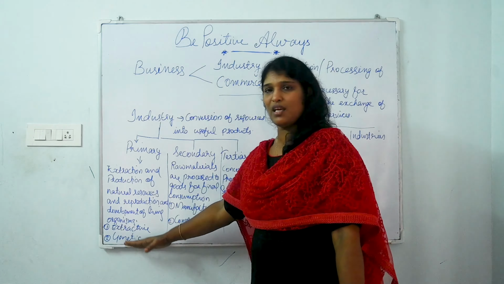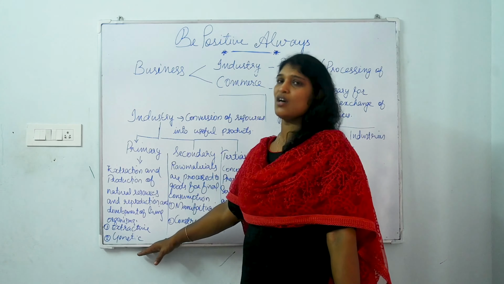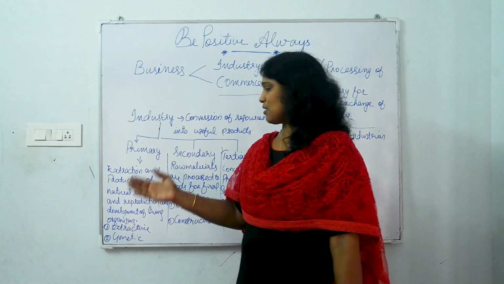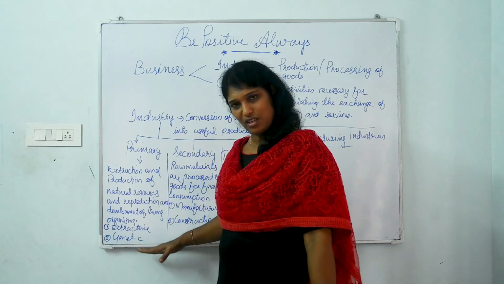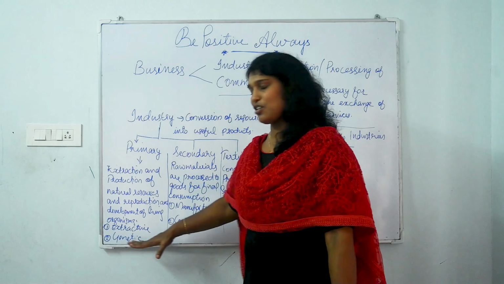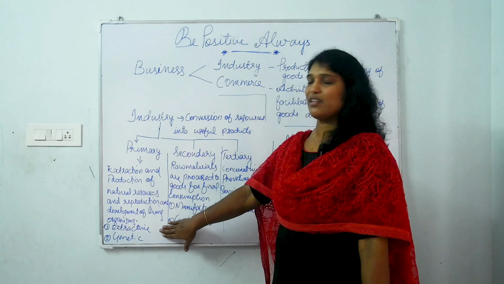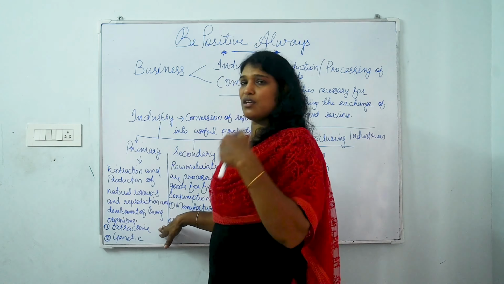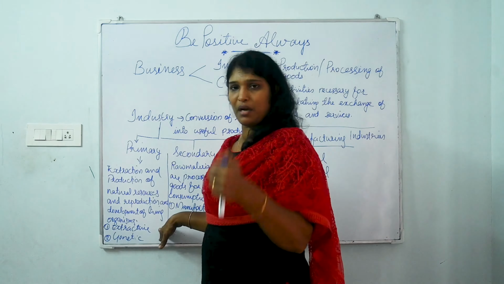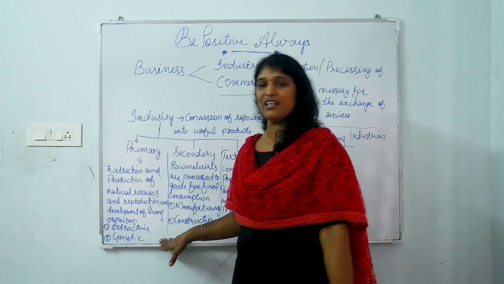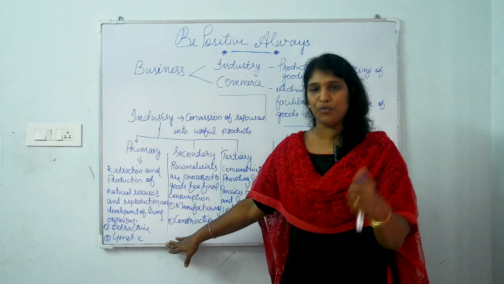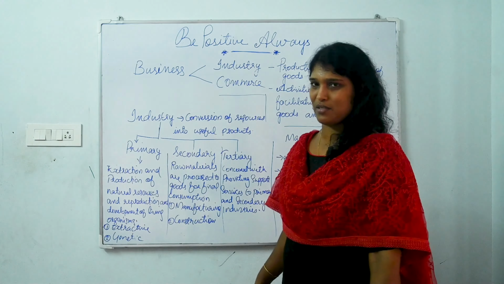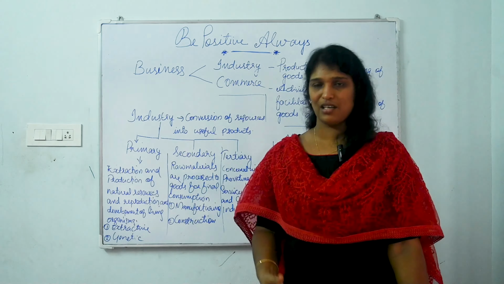Primary industry is related with the extraction of natural resources, or the production and development of plants and animals. This primary industry is further classified into two: extractive and genetic industry. Extractive industry is related with the extraction or drawing out of natural resources, for example fishing, hunting, mining, etc. Genetic industry is related with the breeding of animals and plants for further reproduction, for example poultry farming or cattle breeding.